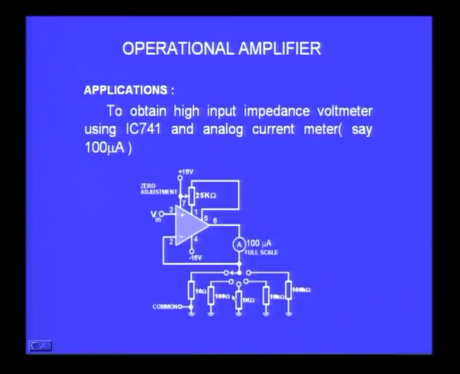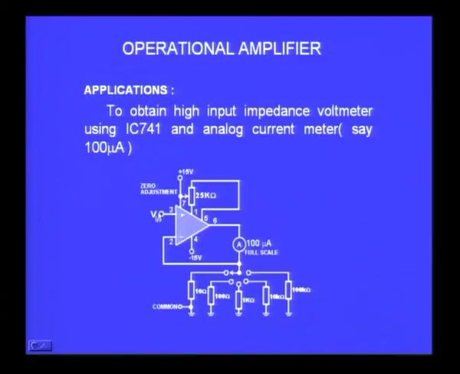Then if I connect, for example, 10 ohms, so 100 microamperes into 10 ohms give me 1000 microvolts or 1 millivolt. So, if I apply 1 millivolt here, it will correspond to 10 ohms and 1000 microvolts or 1 millivolt.